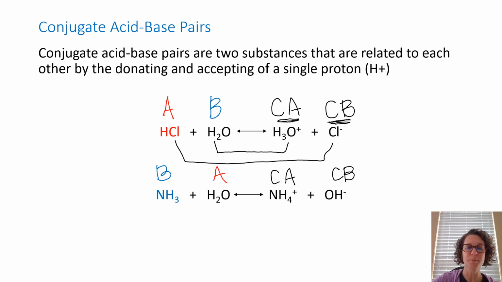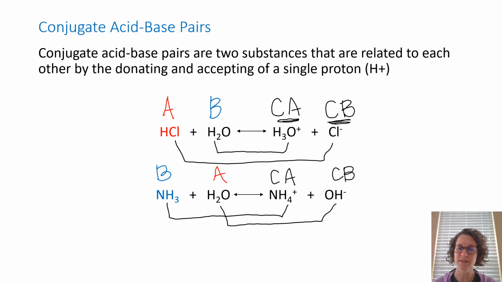And so pairwise, the base becomes the conjugate acid, the acid becomes the conjugate base, and they could switch back and forth. So your main thing on this is really just tracking where the H goes. Who gets the H and who gives up the H. The one that gives up is the acid. So the donator is the acid and the acceptor is the base.